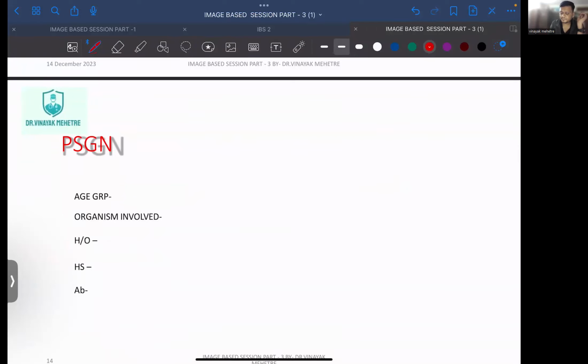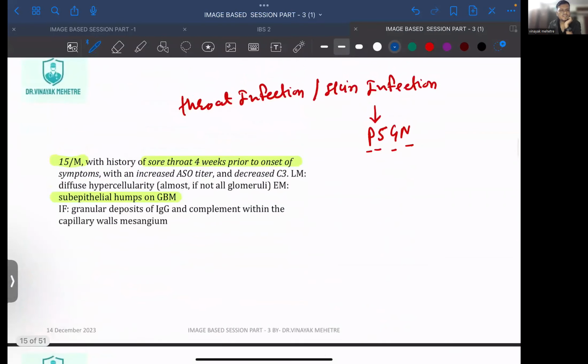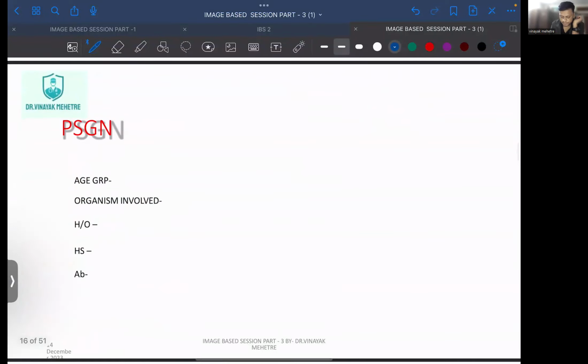Okay, let's see what all happens in PSGN. What is the age group? Just we have read 15 month. That means in the child. So age group will be children. Organism involved is group A beta hemolyticus, right?